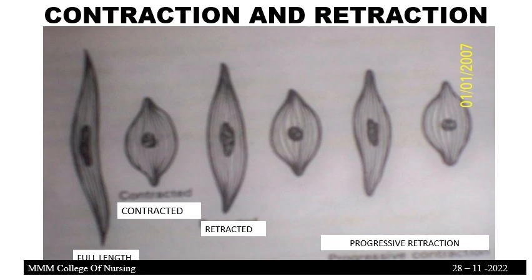Next is the contraction and retraction. As you see in the picture, this is the muscle fiber of the uterus, the myometrium. The first picture indicates it is full length. Next, because of the contraction, it means the mother is having pain, in the next figure it is contracted. The third picture represents the relaxation.